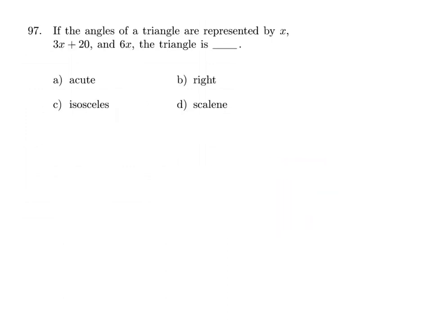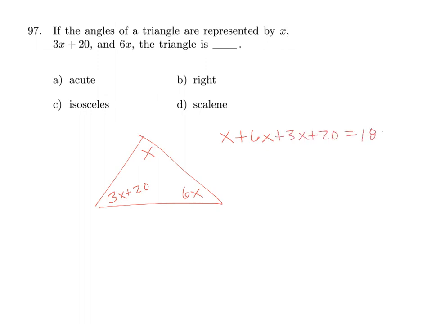If the angles of a triangle are represented by x, 3x plus 20, and 6x, the triangle is... I have x, I have 3x plus 20, I have 6x. If I add all these up, what do they add up to?